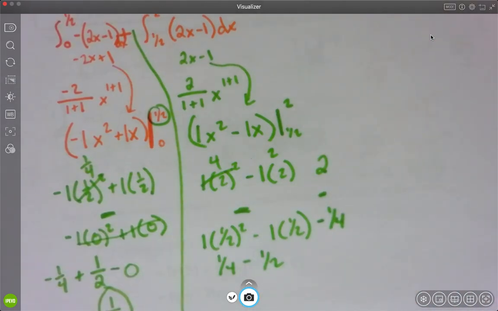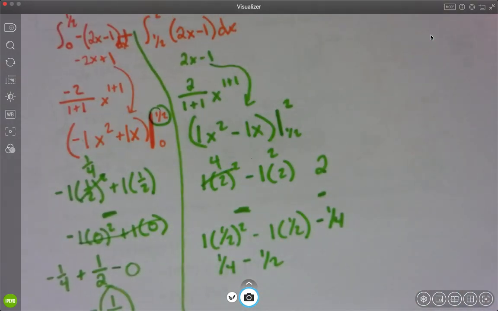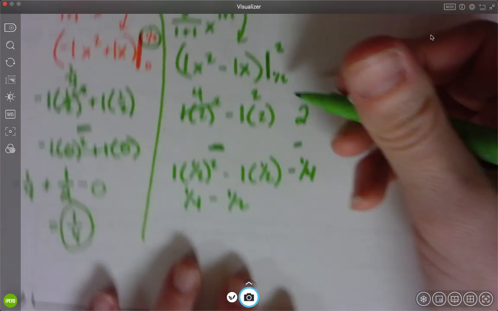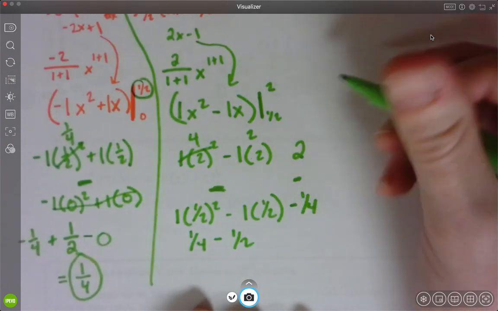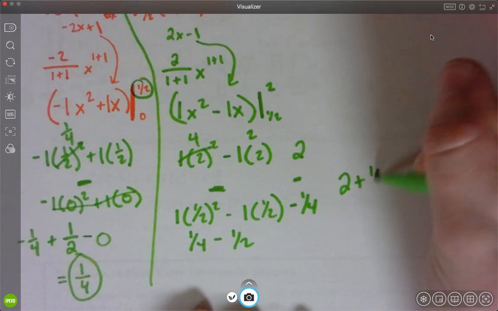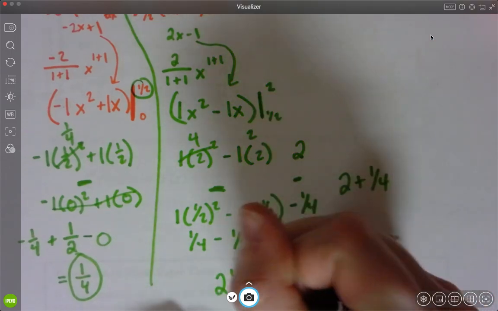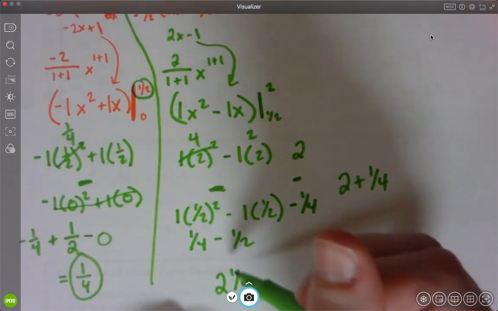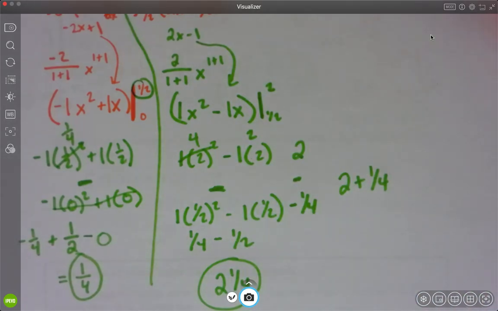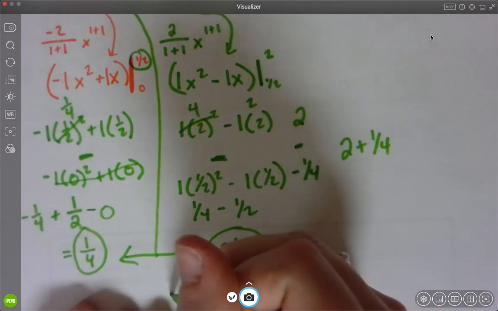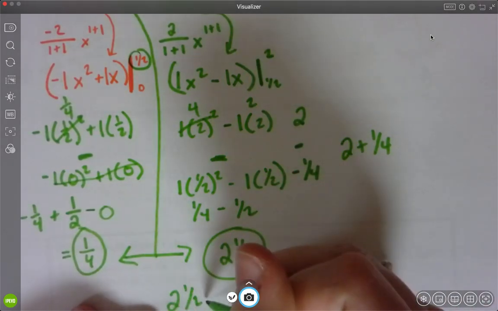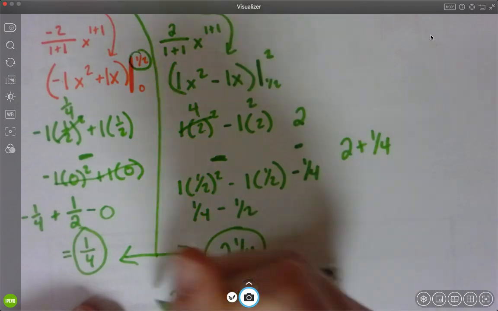Holy cow, that's really gross. 1/4 minus 1/2, yes, negative 1/4. So I have 2 minus a negative 1/4, which is 2 plus 1/4, or 2 and 1/4 as the area of the second piece. Now I just want to add those two together, and that will be 2.5 square units as my area.